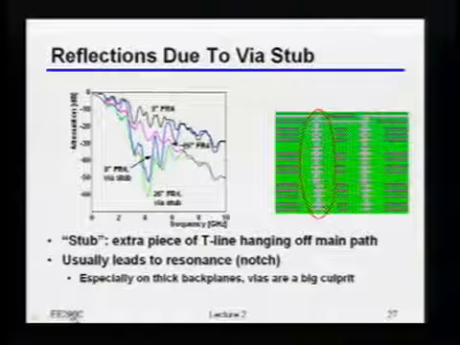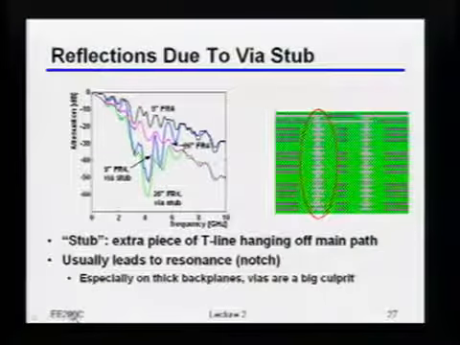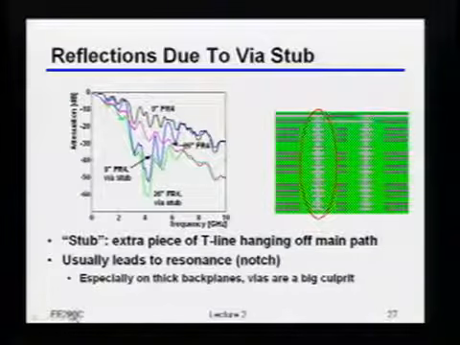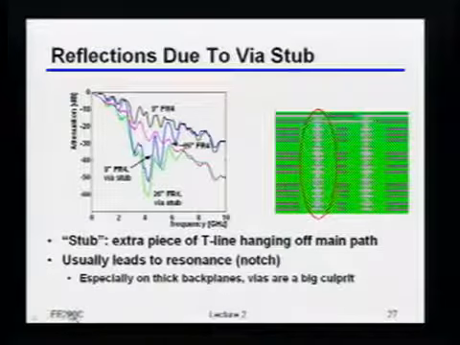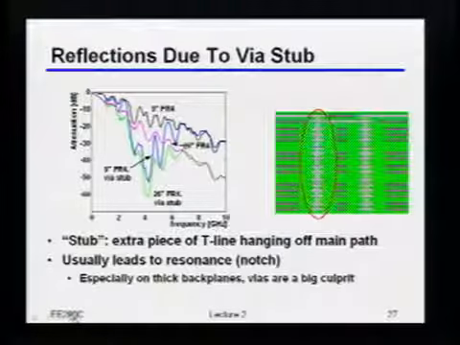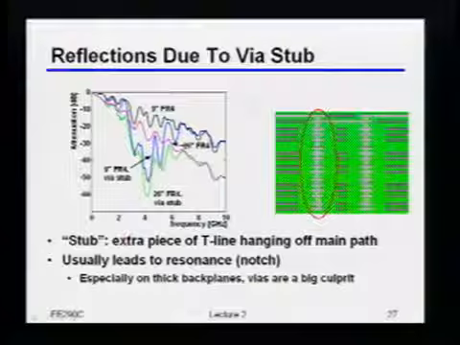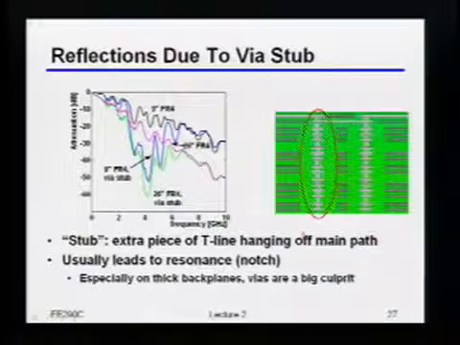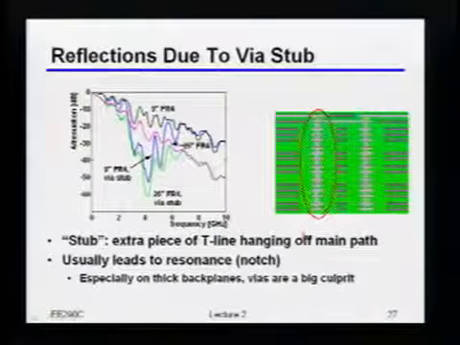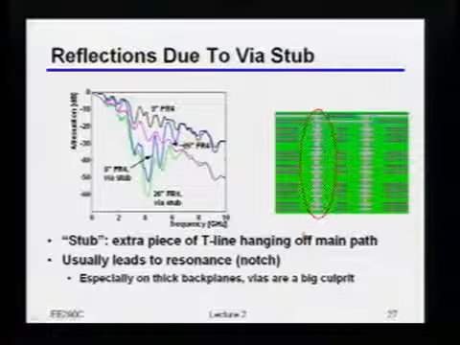Okay, the other really big and nasty thing to deal with in terms of reflections, which I think I'd mentioned back in 240, is these so-called via stubs. I should first define what I mean by stub. A stub just means that you have some extra piece of transmission line hanging off of your main signal path somewhere, and usually those stubs are completely unterminated.